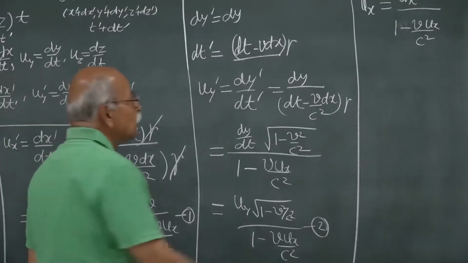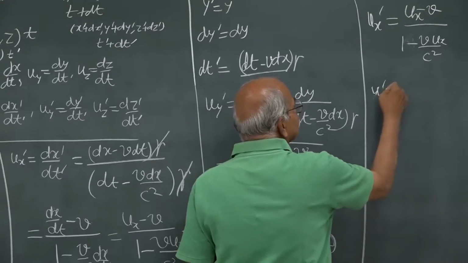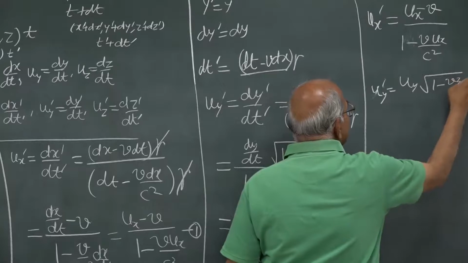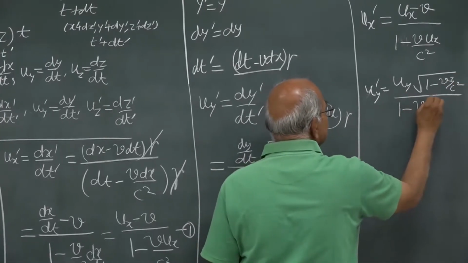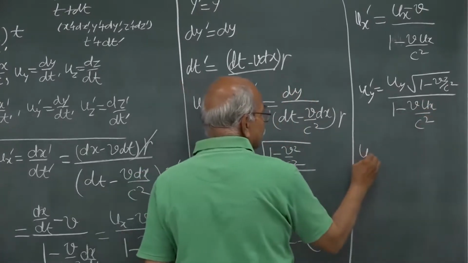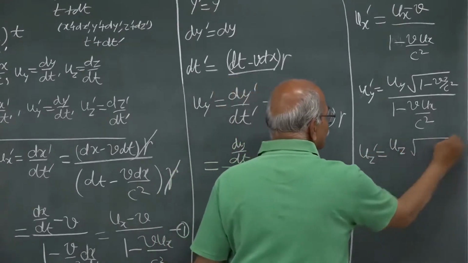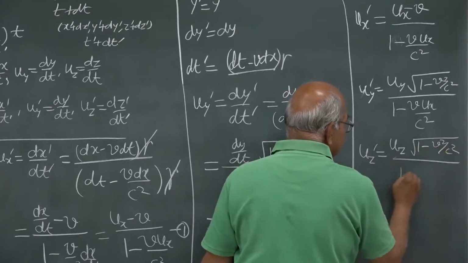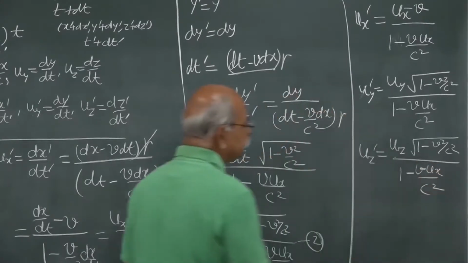Then uy prime is equal to uy square root 1 minus v square by c square divided by the same expression 1 minus v ux by c square, and uz prime is equal to uz square root 1 minus v square by c square divided by 1 minus v ux by c square.